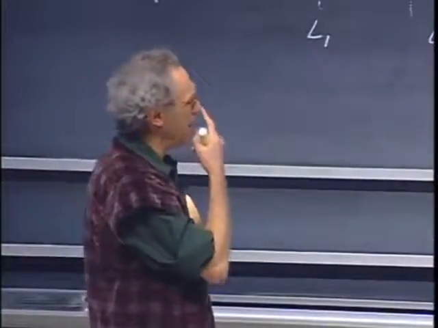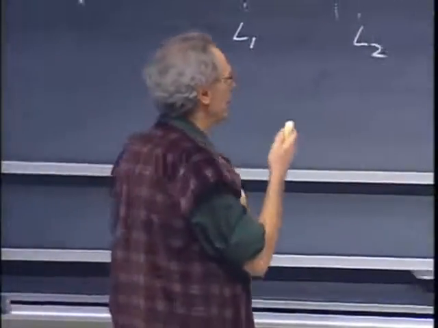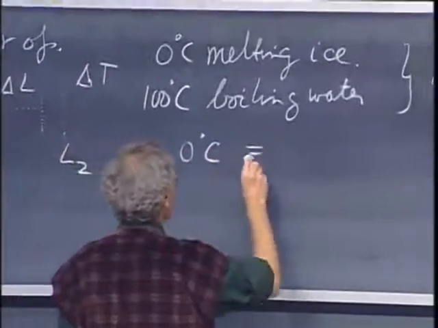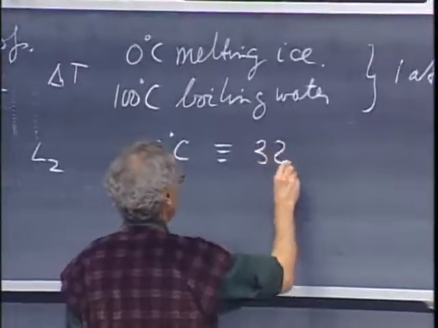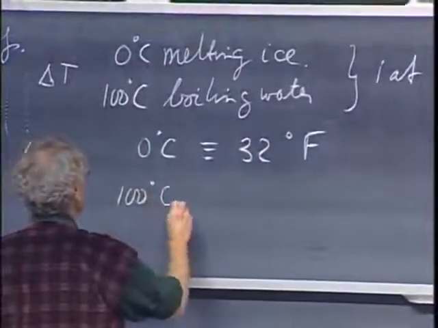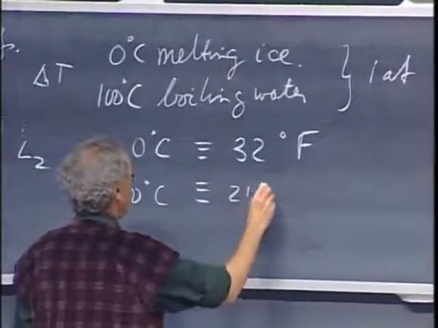Now, neither one of these two is very reproducible. If you pick one person, the temperature today may be a little higher than tomorrow. A person may have fever. In fact, the one that he picked probably did have a little bit of fever. And so the Fahrenheit scale, in that sense, is not very reproducible. And it has been redefined now in such a way that 0 degrees centigrade is 32 degrees Fahrenheit, and 100 degrees centigrade is 212 degrees Fahrenheit.